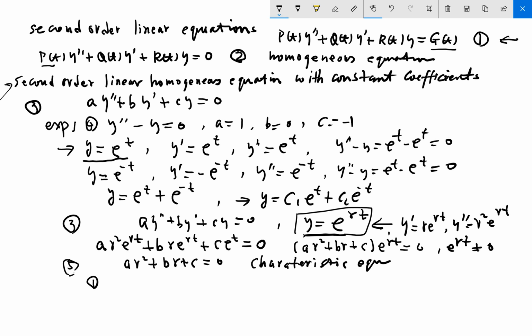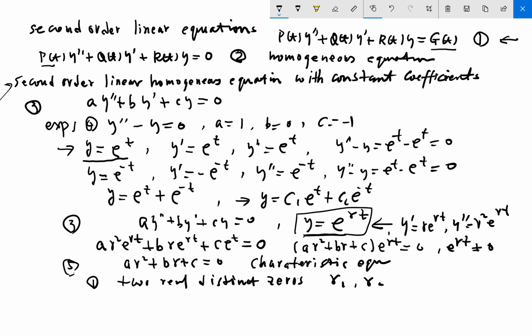Then the solutions of a quadratic equation have three situations. In the first case, you get two real distinct zeros, say r1 is real and r2 is another real zero for equation 5.